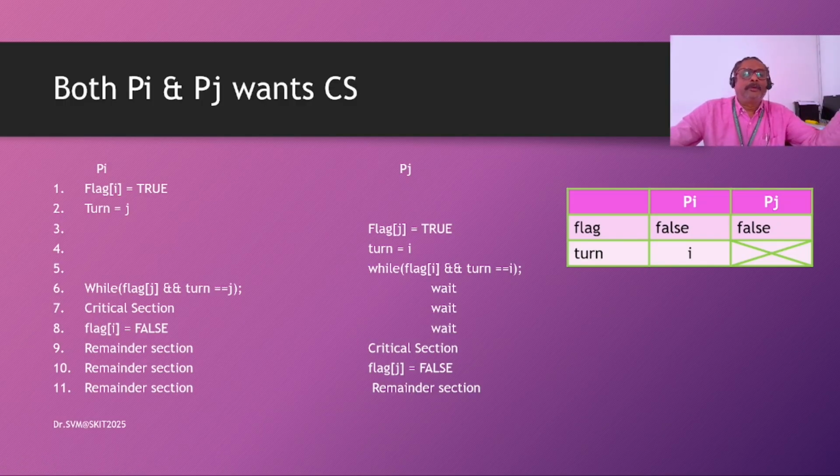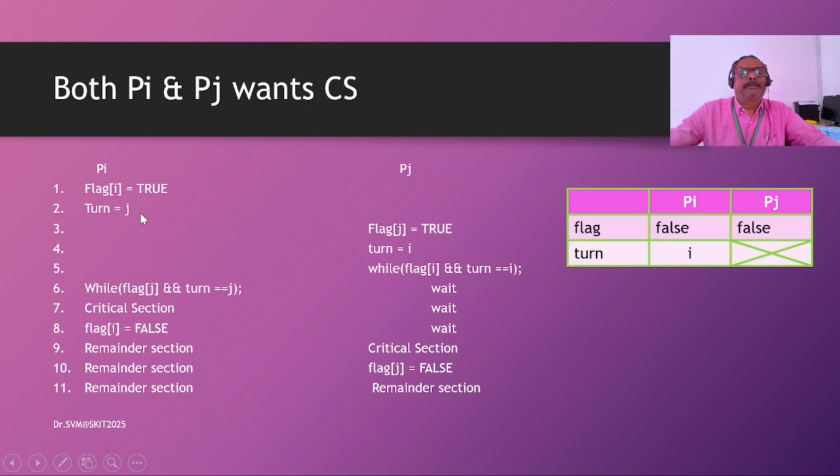And next time when either Pi or Pj wants to use any shared resource, they will again do this exercise: make the flag true, then set the turn, and then the while loop. If only one of them, Pi or Pj, wants to enter, it just enters because the other flag is false. If both want to enter, then either Pi or Pj gets the chance first, depending on who ran these two instructions last.